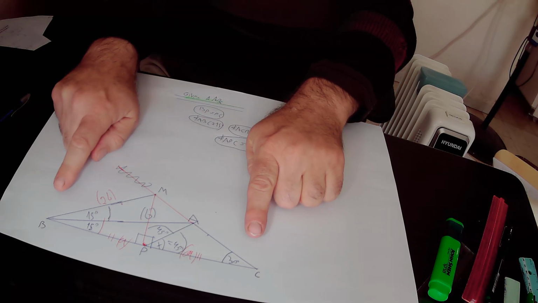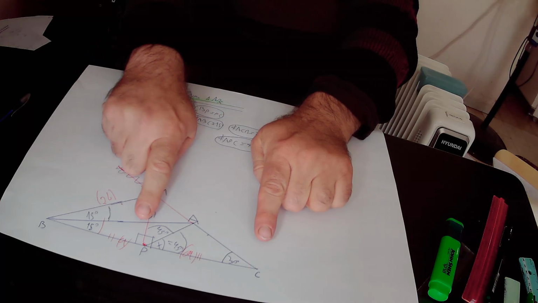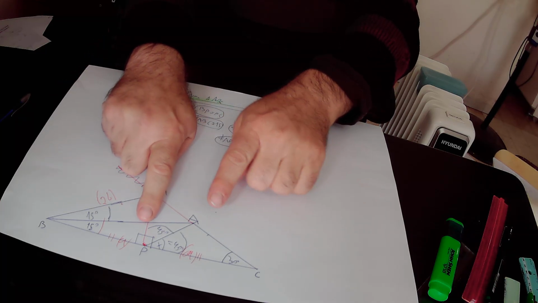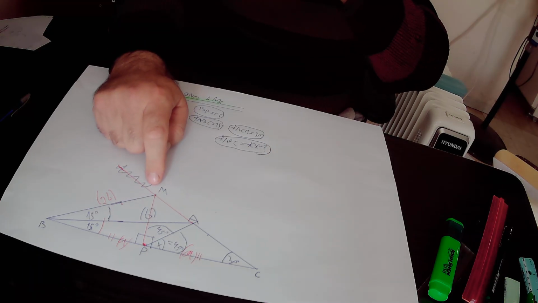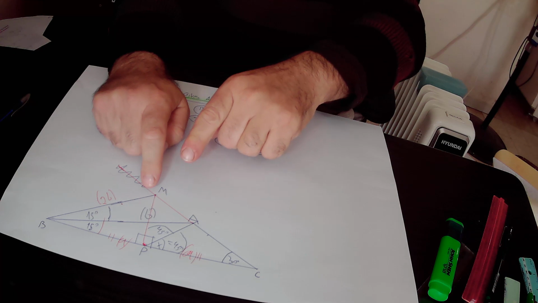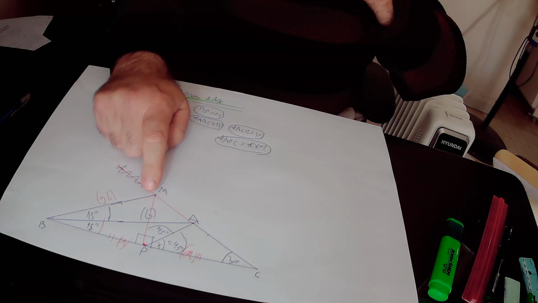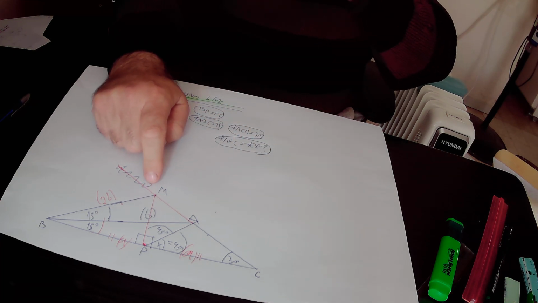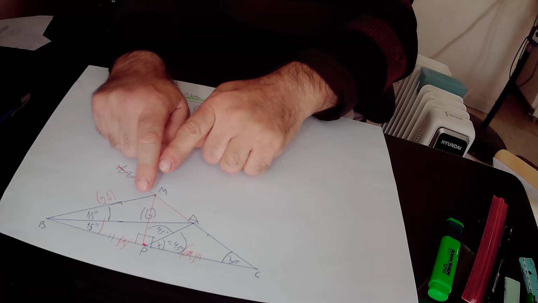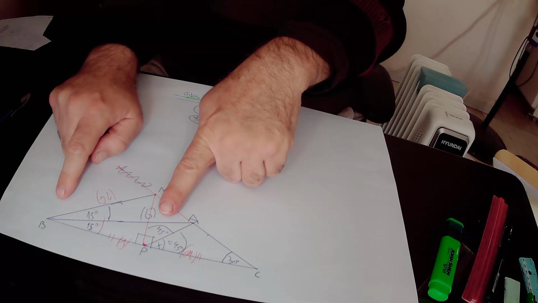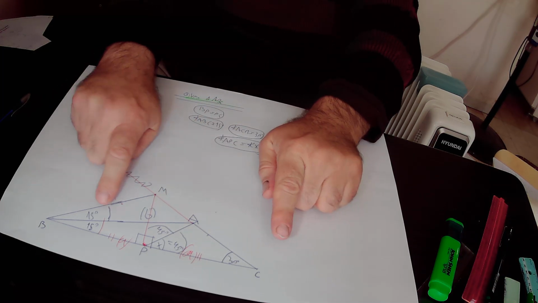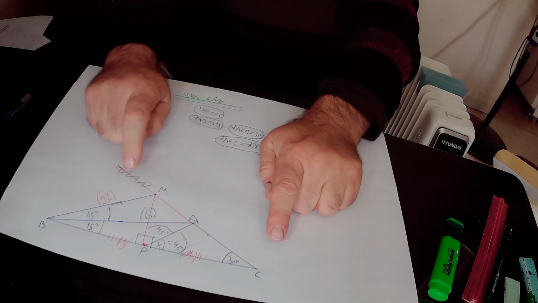So the first half of BC is BP, and the second half of BC is PC. Therefore, point P is the midpoint of BC. So the perpendicular from point M must touch the base BC at point P, not at any other point, because the perpendicular MP bisects the base BC. That is to say, the first half BP equals A, and the second half PC also equals A.